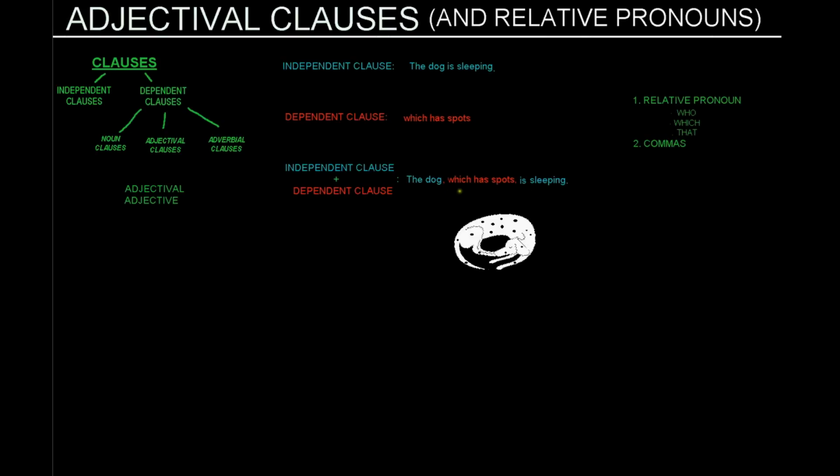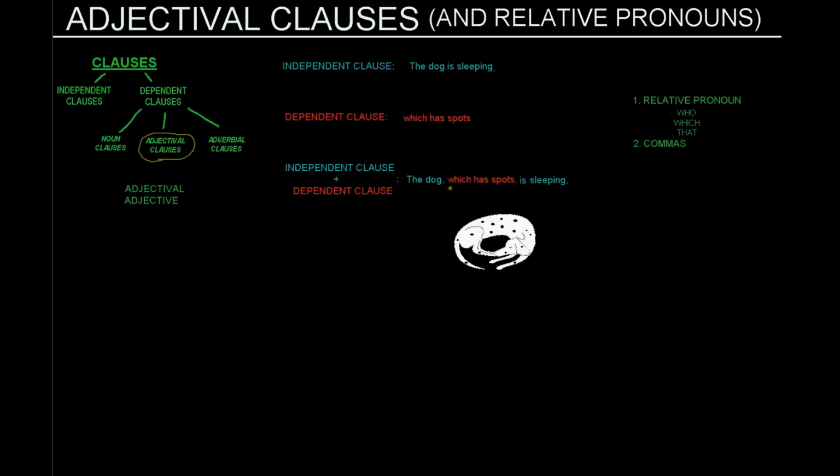This one works. The particular type of dependent clause that we're talking about today is the adjectival clause. You'll notice that it's one of a few different types of dependent clauses, but this is all we're going to be focusing on here. And you'll also notice that the word adjectival looks a lot like the word adjective, and that's because they are in fact related.